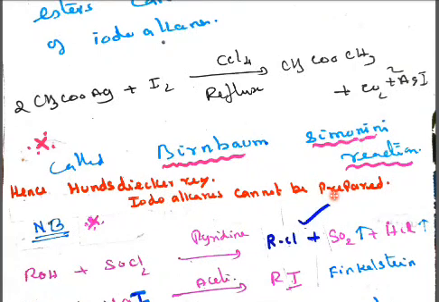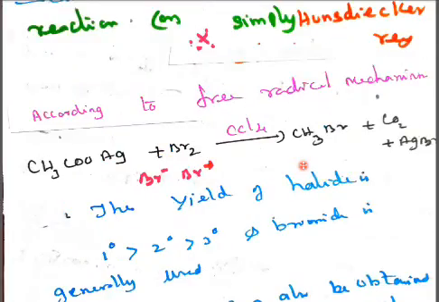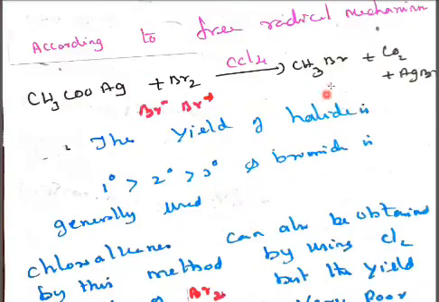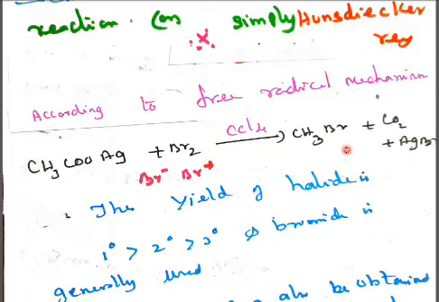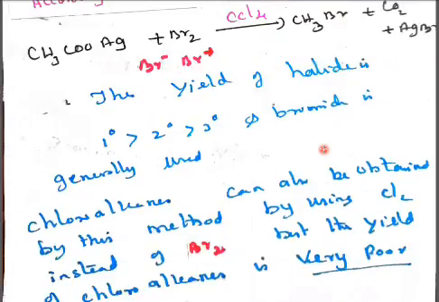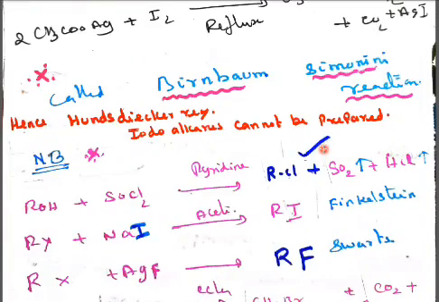Iodoalkanes cannot be prepared; only bromoalkanes can be prepared. Chloromethane can also be prepared, but in very poor yield. Bromomethane gives the maximum yield in the Hunsdiecker reaction. So in the Hunsdiecker reaction, bromoalkanes can be prepared, but iodoalkanes cannot.